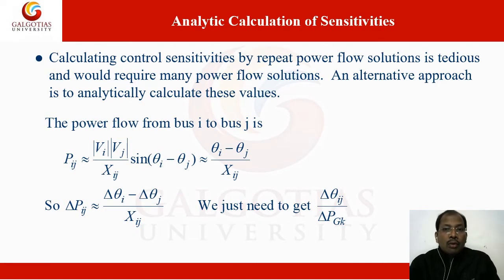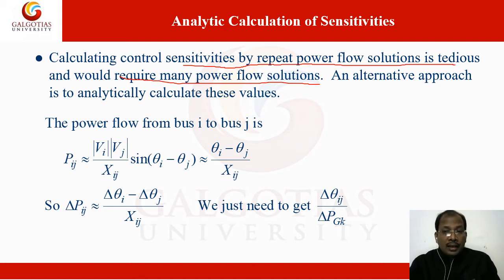Now we come to the analytic calculation of the sensitivity of the DC power flow. Calculating the control sensitivities by repeated power flow solutions is tedious and would require many power flow solutions. In AC power flow, these power flow equations are nonlinear.